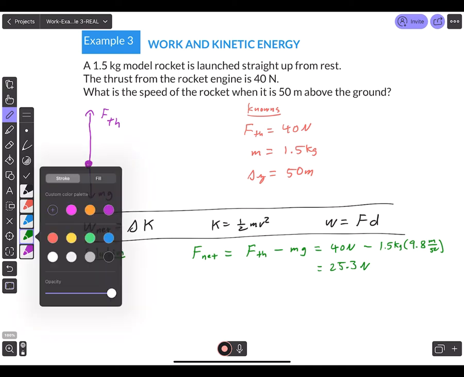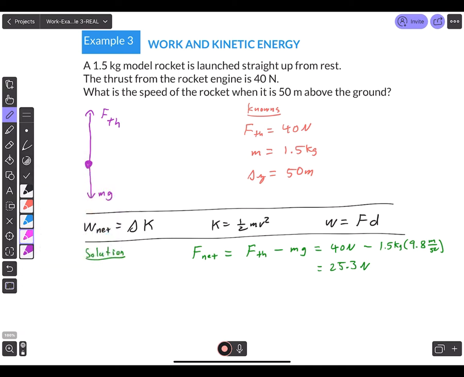We're also going to need the net work, right? So work net is going to be equal to F net times delta y. And so we have our two values, right? Our F net is 25.3 newtons, and our distance that is traveled is 50 meters.